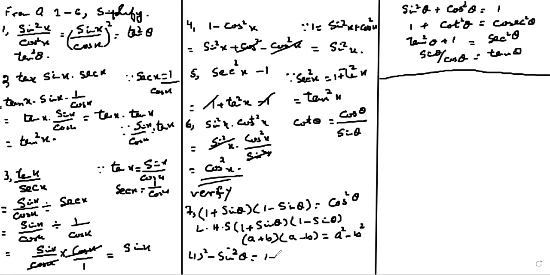So it is 1 minus sine square theta, which is cosine square theta, which is equal to the right hand side. So left hand side equals right hand side. So it is verified.